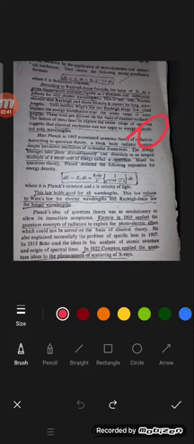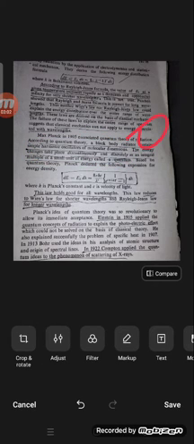I already said a quantum is a packet of energy.